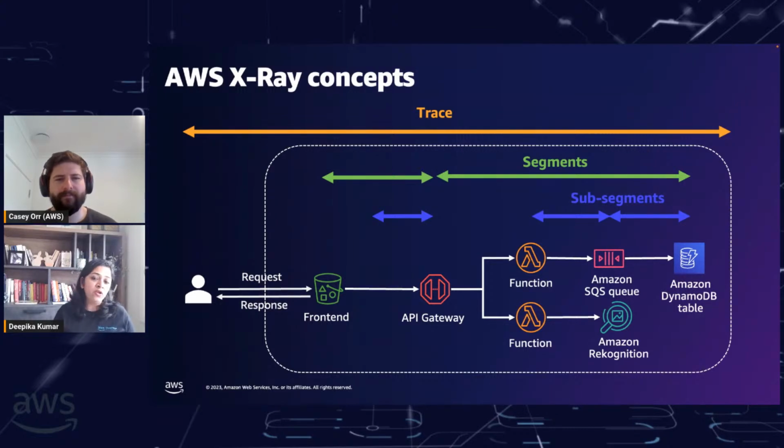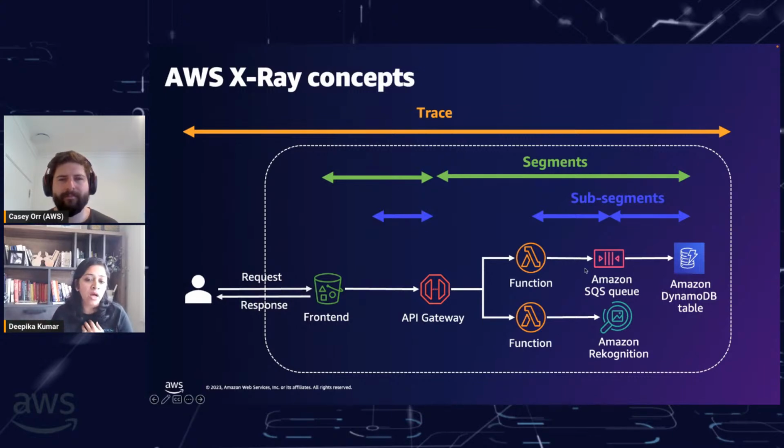The segment is essentially a chunk of an individual service, like API Gateway or a Lambda. You get the data that, okay, this is the service initialization or the cold start of the Lambda. That's the segment. Then there is the notion of a subsegment, which is essentially a remote call within the service to another service.